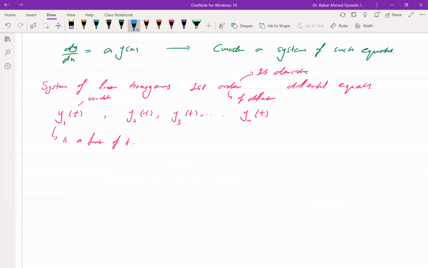Then, as a shorthand, I write dy by dt as y1 of t dash.